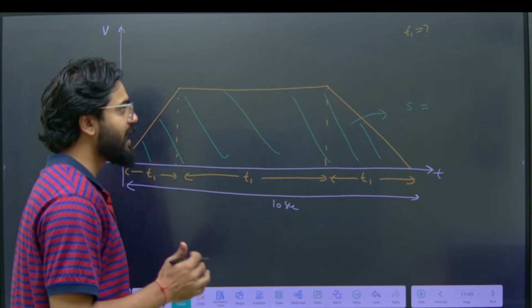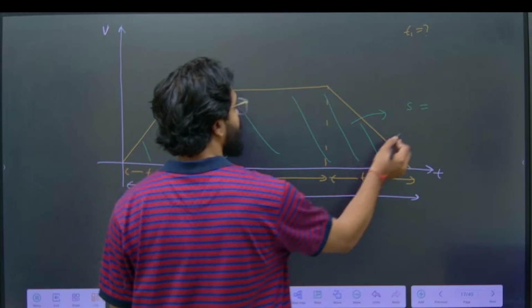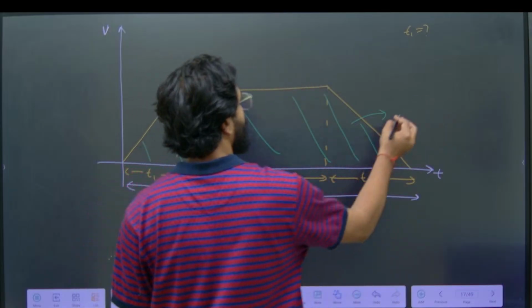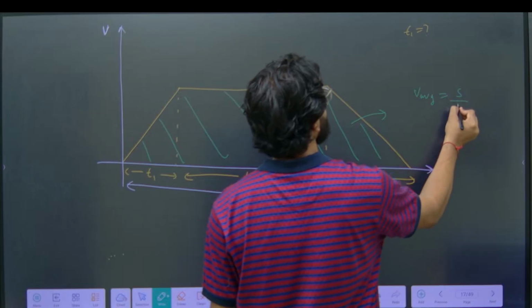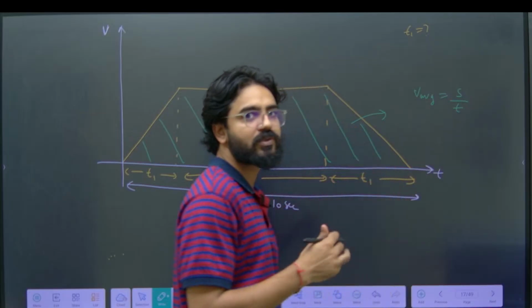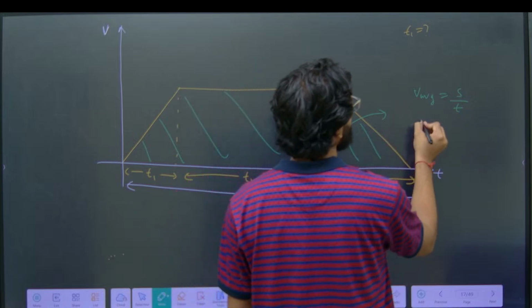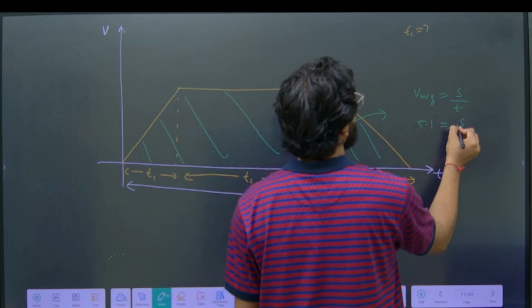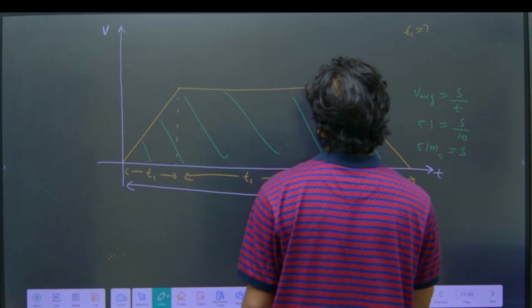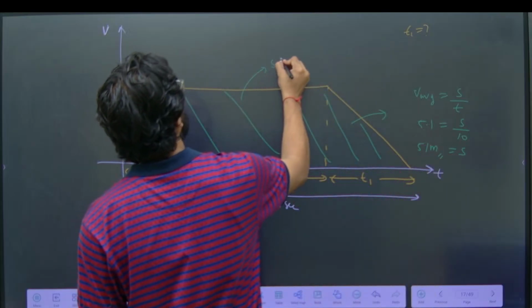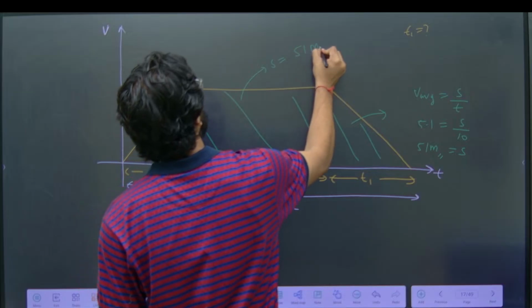So can we write V average equals total displacement upon total time? We can calculate the displacement from here: 5.1 equals S upon 10. So displacement will be 51 meter. So clearly S over here is 51 meter.